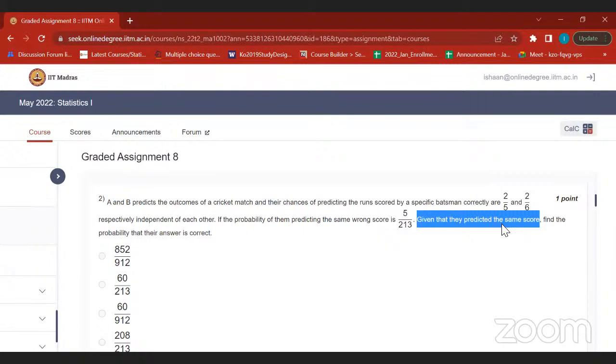So conditioning on this, we need to find the probability that their answer is correct.